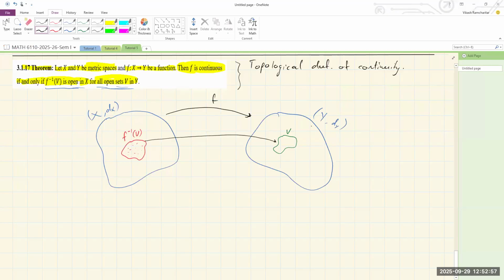And this works for every single open set in Y. If you take every single open set in Y, the codomain, and you pull back all of those open sets into X, all of those sets will also be open in X. It's sometimes said that the pre-image of an open set is open, or f pulls back open sets in Y into open sets in X. Okay, so that's what we're going to want to prove here.